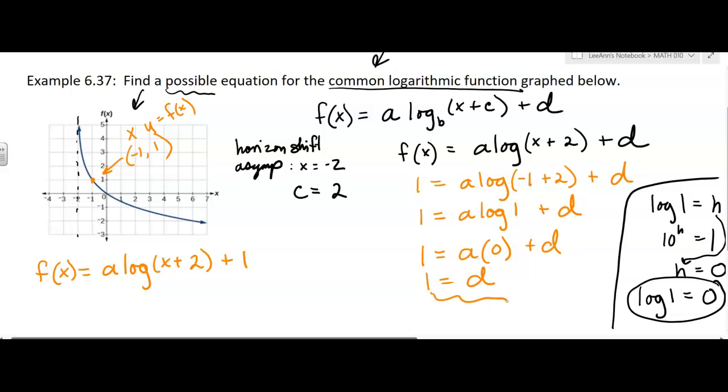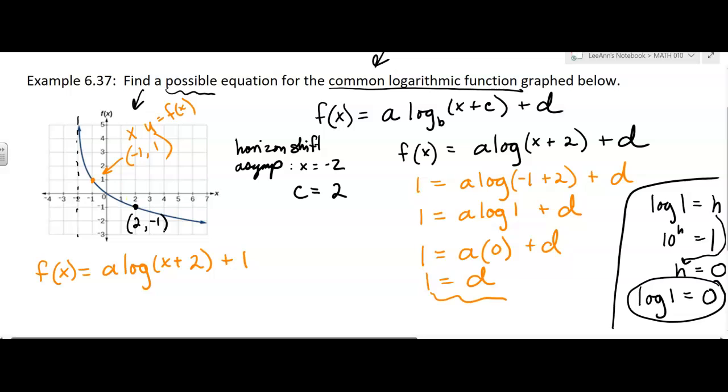Okay, so now we need to find another point that we know so we can plug it in and find the value of a. I'm going to use the point 2, -1. That's the one the book uses.